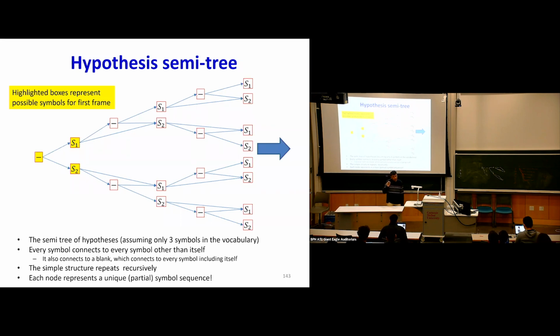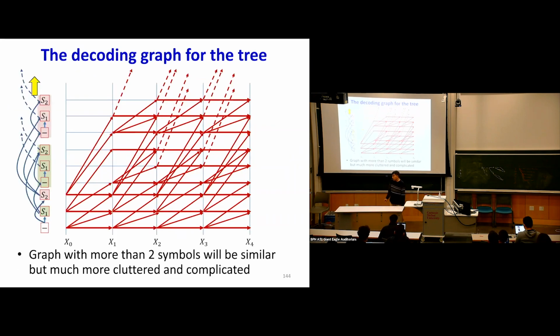And so in this, each row over here represents a unique symbol sequence. I'm going to have an edge from any node over here to another node over here, if it's either the same node, so I always have horizontal edges, or if there's an arrow up here. So you can see that I have an arrow from blank to S1, so there's always an arrow going up here, right? I have an arrow from blank to S2, so there's always an arrow going up here.